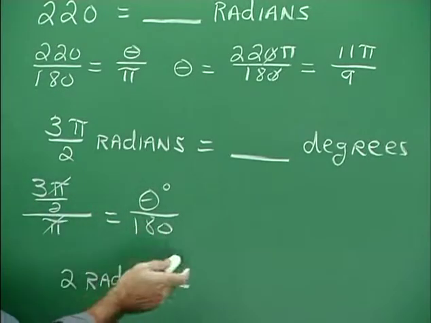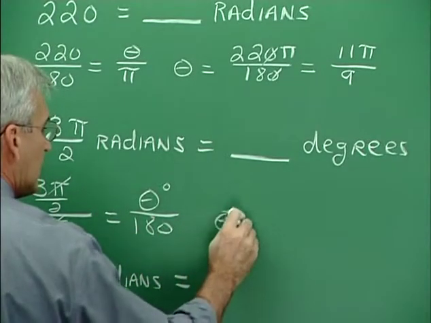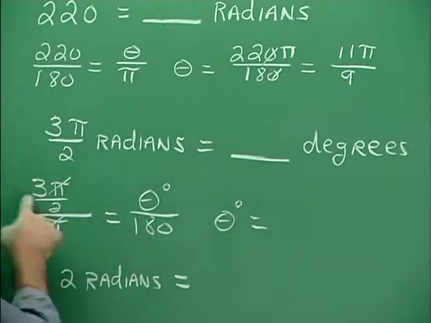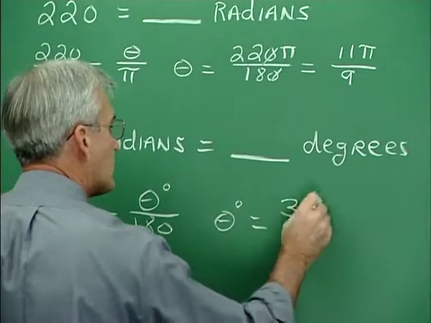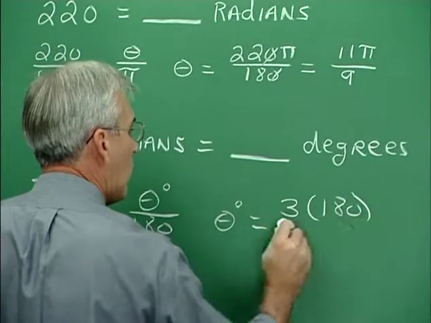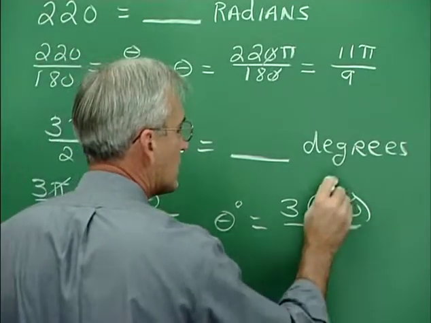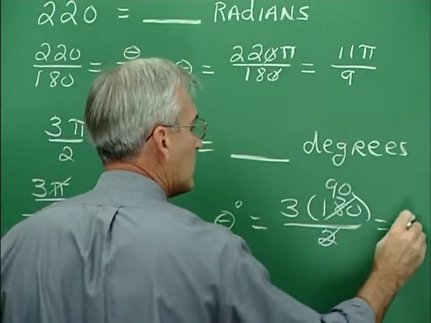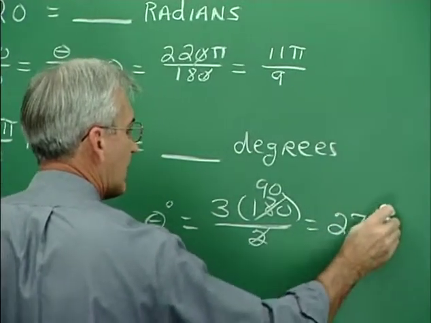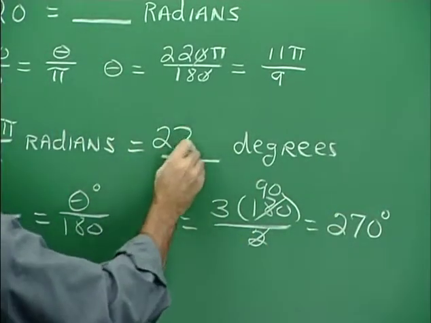Multiply on both sides by 180, so we find theta in degrees equal to 3 times 180 over 2. And now the 2 into 180 is 90, 3 times 90, so we have 270. So this is 270 degrees.